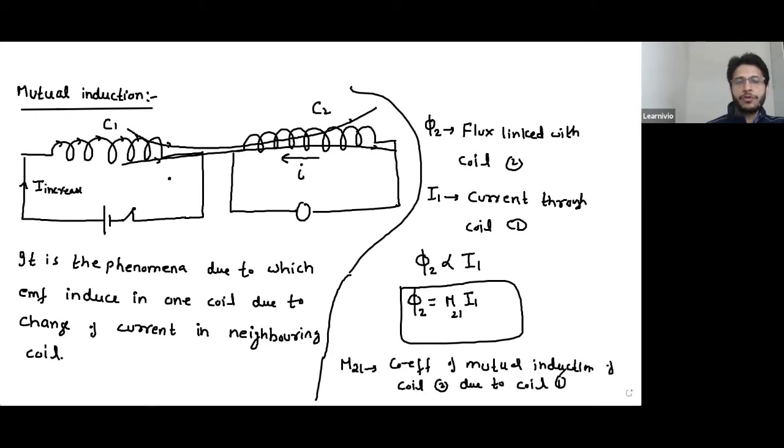So phi 2 is M21 I1. So if you are changing current in coil 1, then flux linked with coil 2 will change.